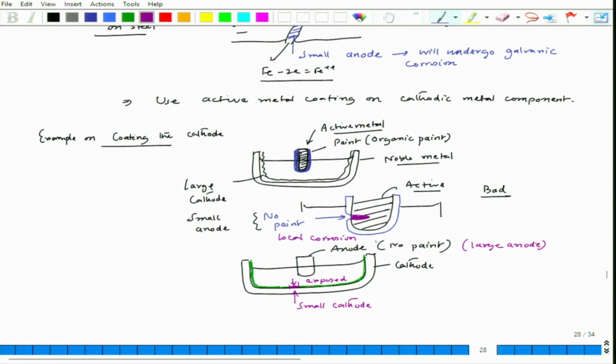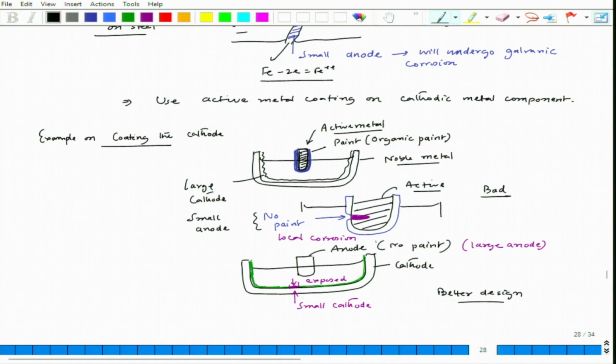So, that means we have a very little effect of corrosion on the large anode. Corrosion would be there, but it will be much lesser than in the previous instance. So, this is better design. And the thumb rule is always coat the cathode and you can leave the anode material uncoated.